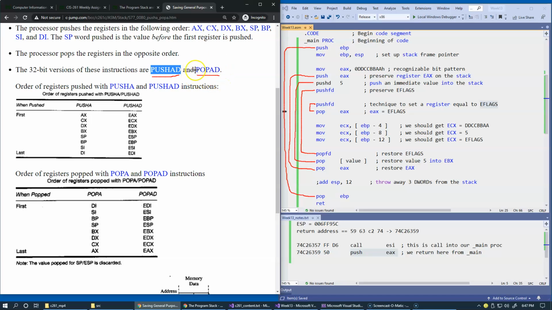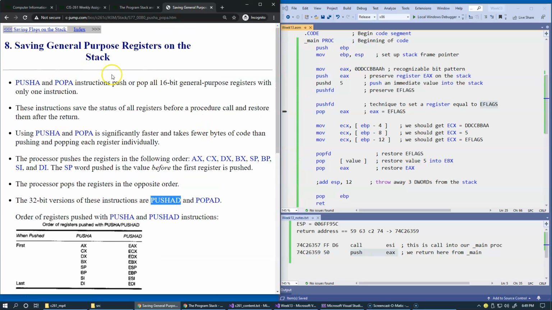Using a single command is faster than using individual commands; it's going to take fewer CPU cycles to execute. So these are the ideas of how you can save and restore all general purpose registers.